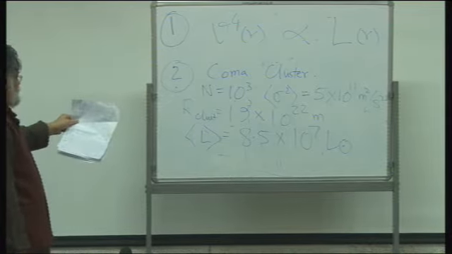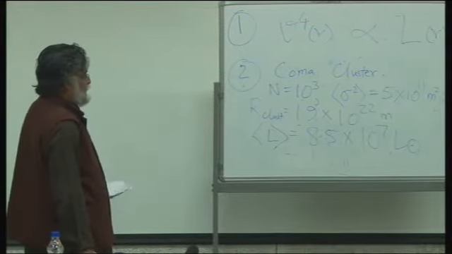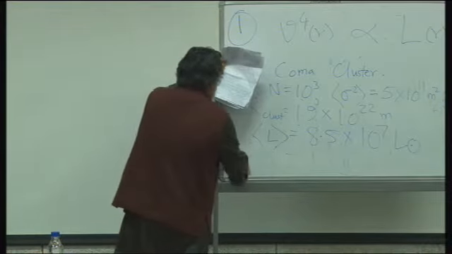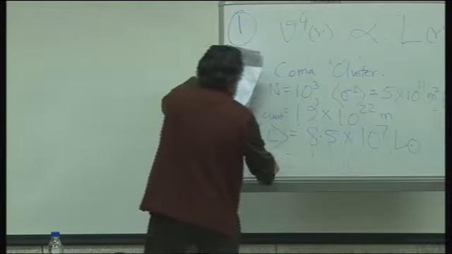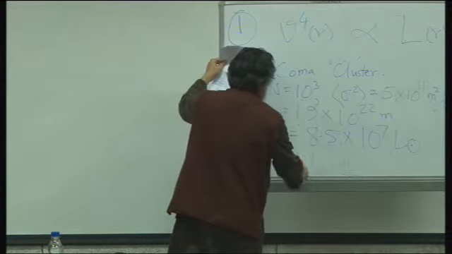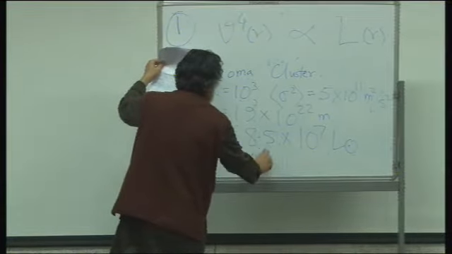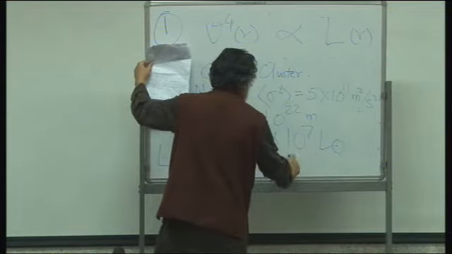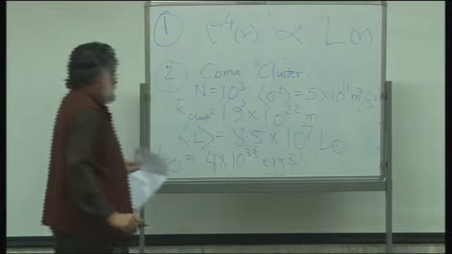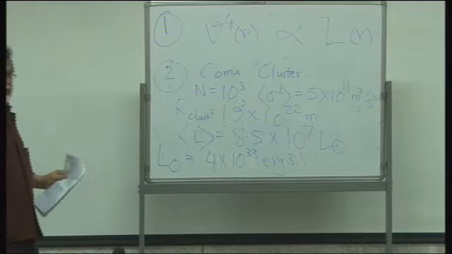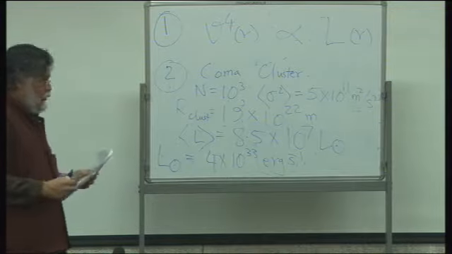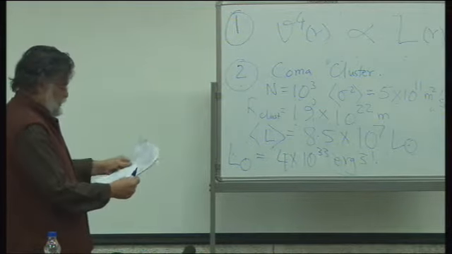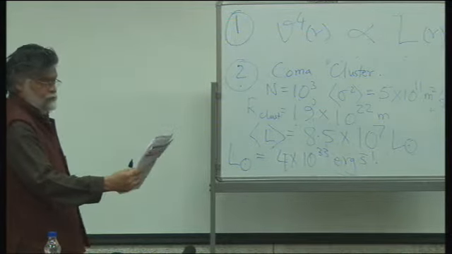So the average luminosity per galaxy is 8.5 times 10 raised to power 7 solar luminosity, and solar luminosity is 4 times 10 raised to power 33 erg per second. The Sun typically emits 4 times 10 to the power 33 erg per second. That is what is called the solar luminosity. Okay.